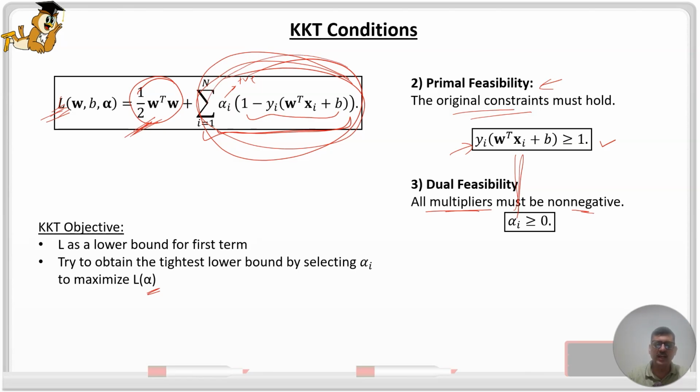Now if this is negative, when you try to maximize it, you are trying to bring it as close to 0 as possible, in which case L will come as close to half of W transpose W as possible. So these are the conditions enforced by primal feasibility, and this is the dual feasibility.